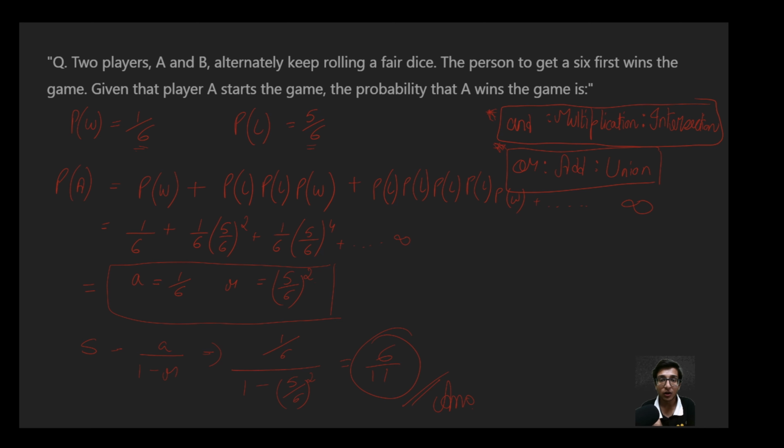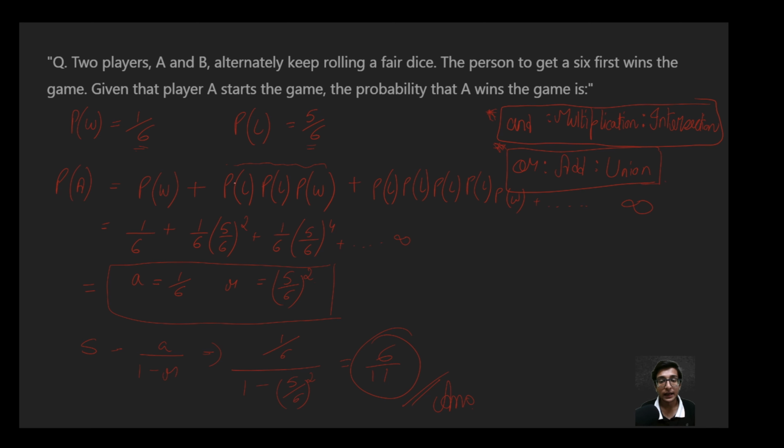That is why we add all these probabilities. Like I told you, we add whenever we are using OR or union, and we multiply whenever we are using intersection or AND. So here you can see that we are multiplying. We are saying that first chance A should lose, and B should also lose the second chance, and the third chance A should win. So that is why, when the ANDs are coming, we are multiplying.